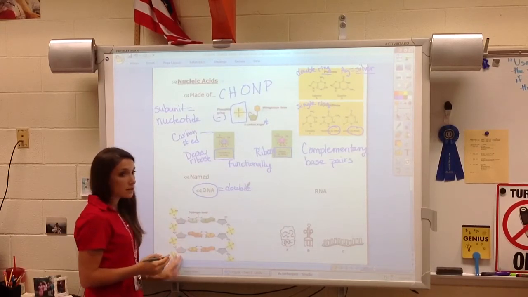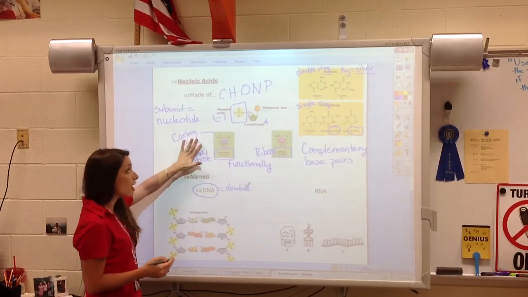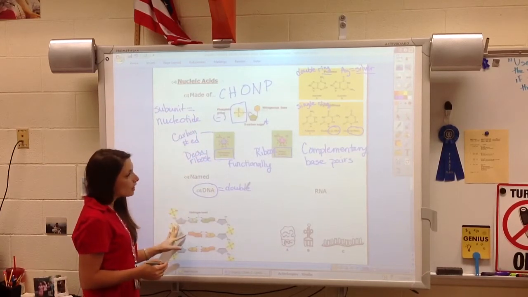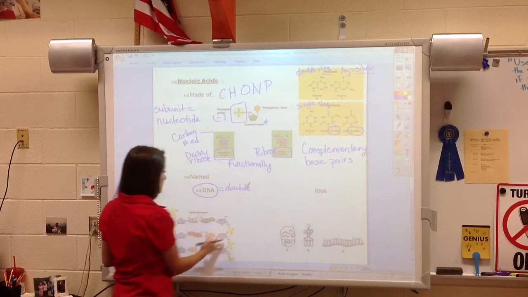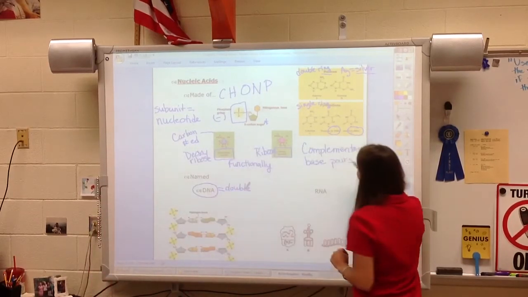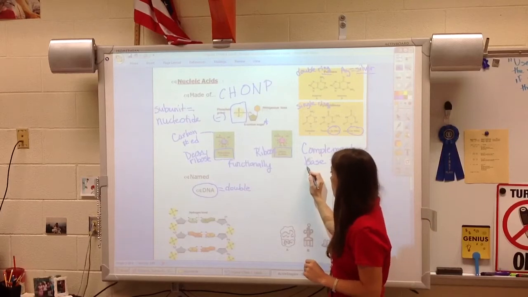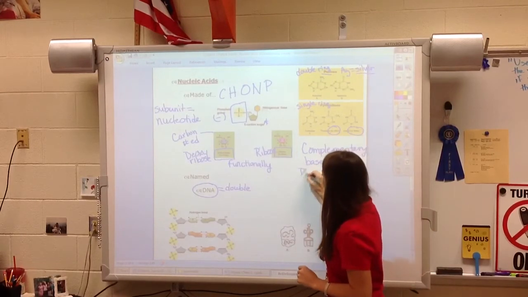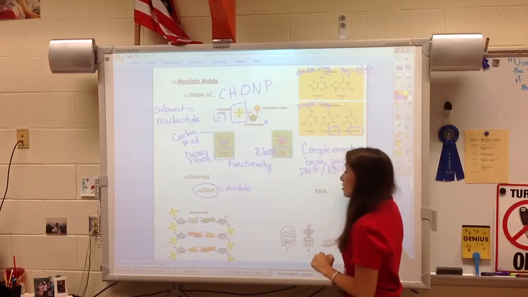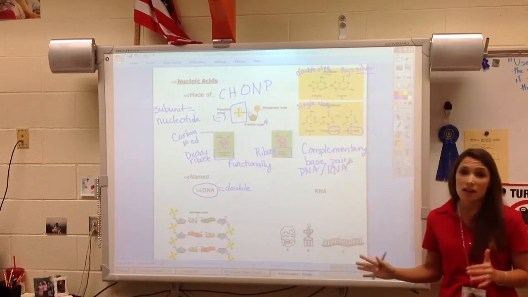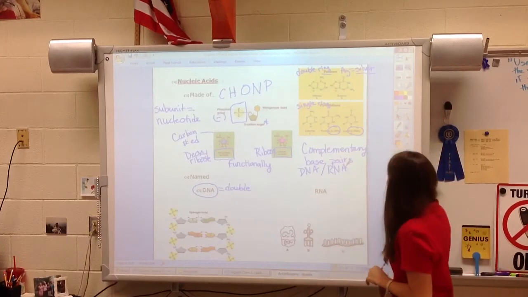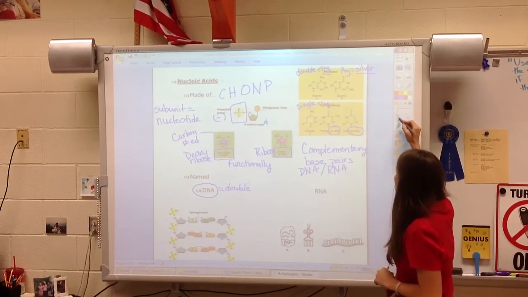DNA is always a double strand of deoxyribonucleotides. And so we want to look at this complementary base pairing here in DNA because it's easy to see. But complementary base pairs are found in both DNA and RNA. And these base pairs are what allow DNA and RNA to do their function, which we'll talk about in just a second.